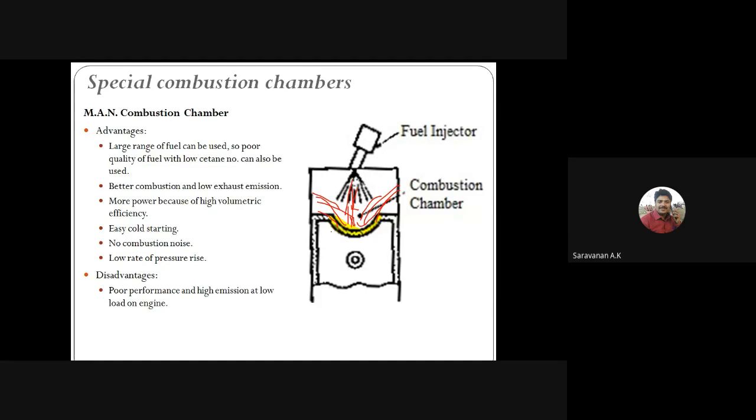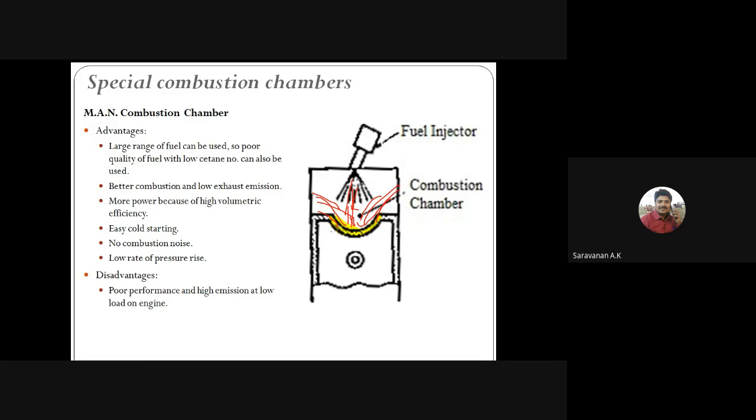Because of the high volumetric efficiency, and it is used in cold starting engines too, right? There are no combustion noises, and a low rate of pressure rise. For the disadvantages, there is poor performance and high emission at low load. It is especially for small and high speed engines.